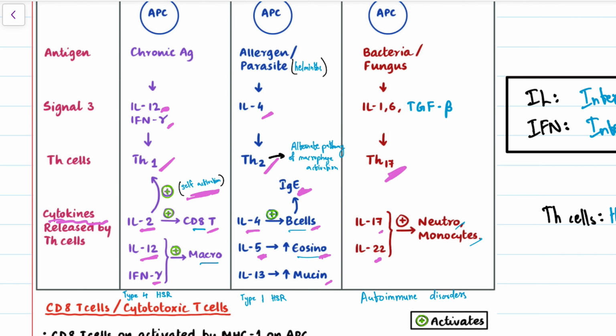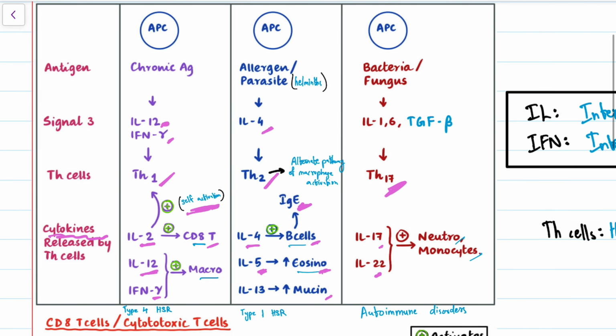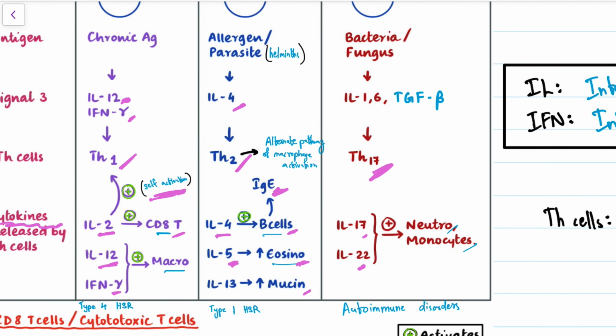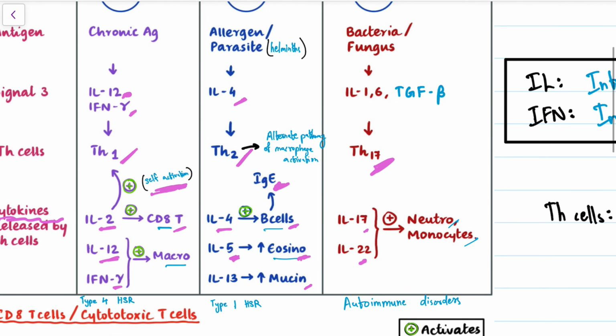This causes activation of the neutrophils and the monocytes. This is one common example in autoimmune disorders. When do these neutrophils actually come? During an acute inflammation, right? During an acute inflammation.